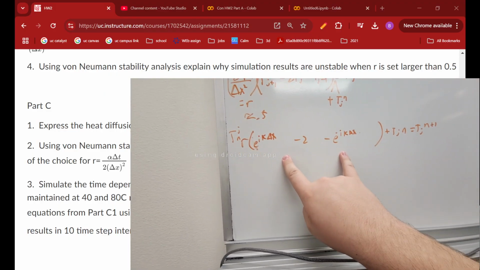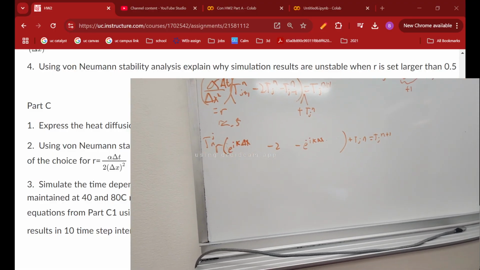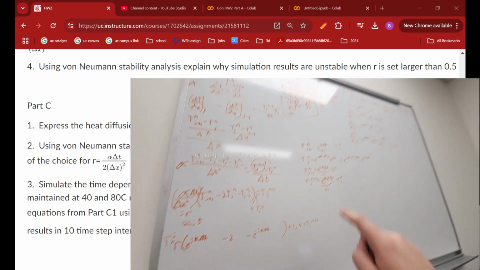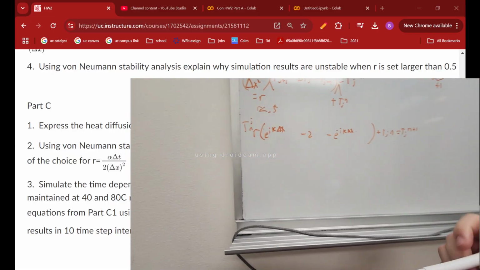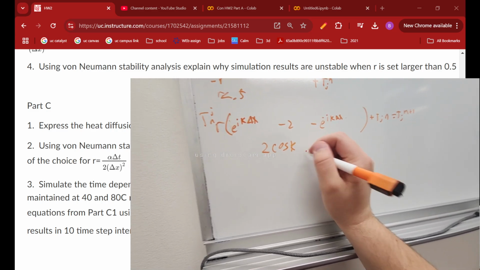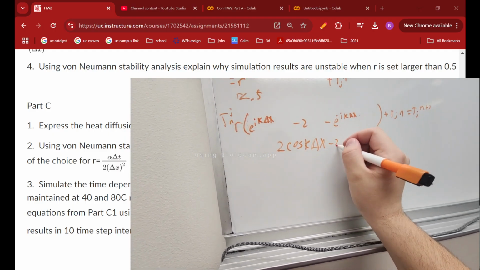Actually, let's do inside first. So inside we have Euler's law, which we looked at up there, because this would come into 2 cosine k delta x minus 2.